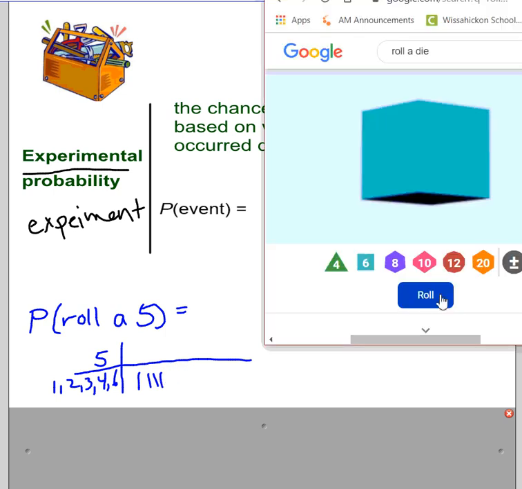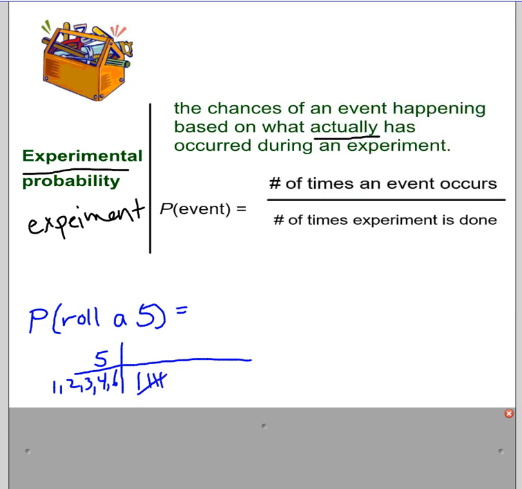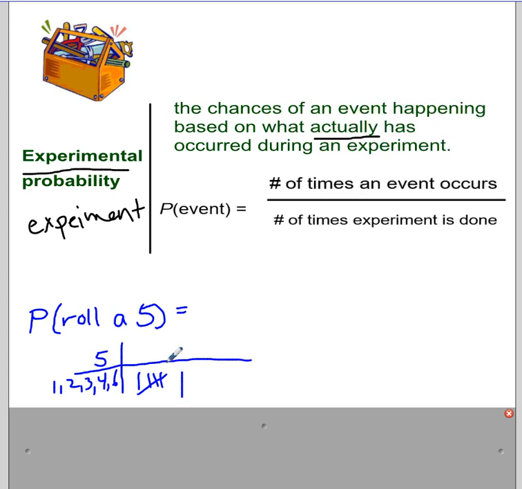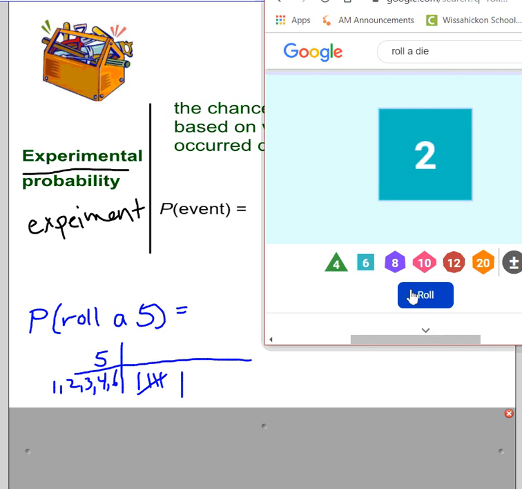Let me roll again. I'm going to roll 10 times. That's another 1. And so I'm up to 5. Here's a 2. Here's another 2.